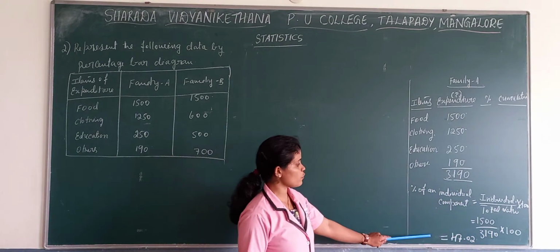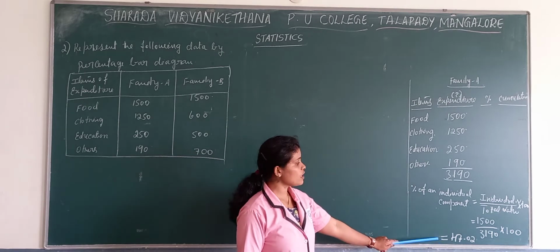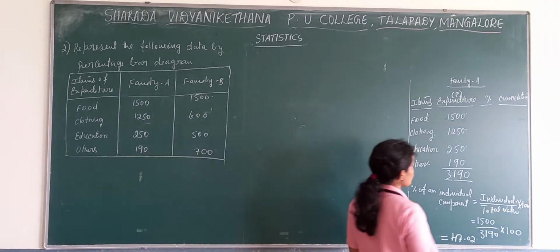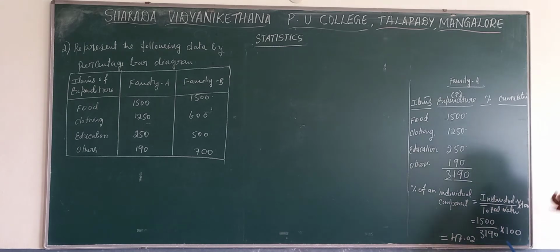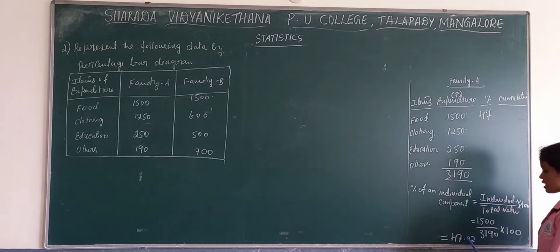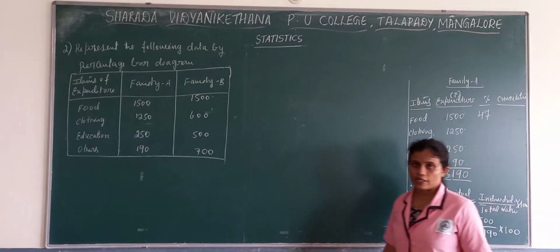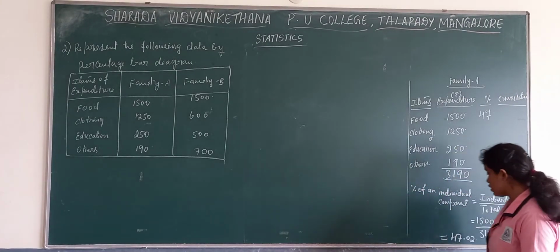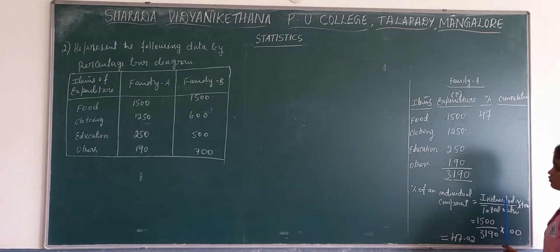This is the first percentage. We'll make it an approximate value, so 47.02 we can write as 47, since the digit immediately after the decimal is less than 5. If it is 5 or more than 5, we increase it by 1.